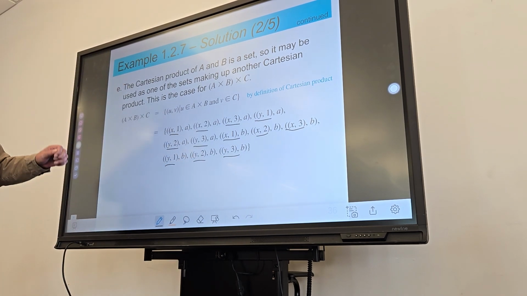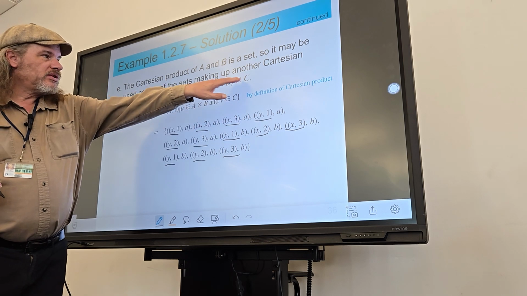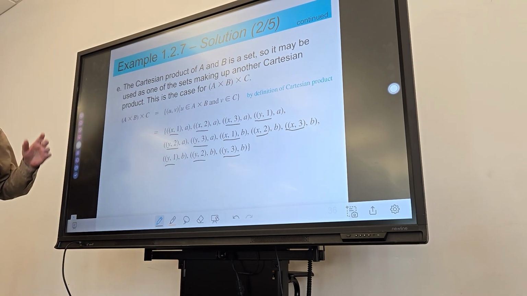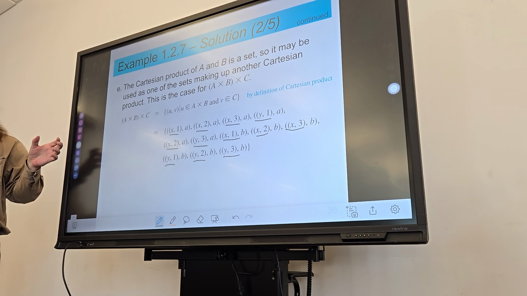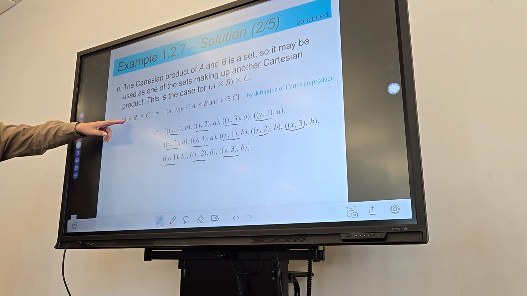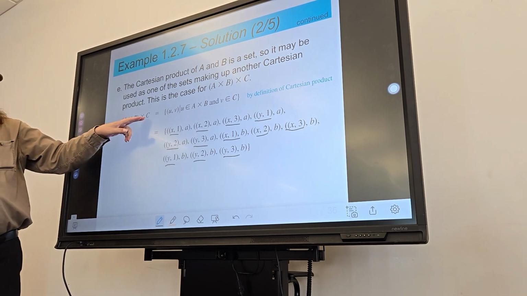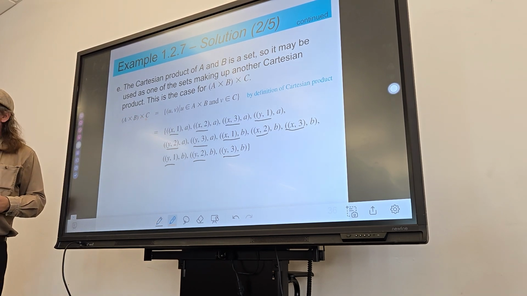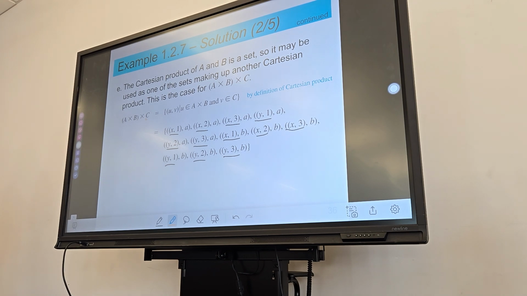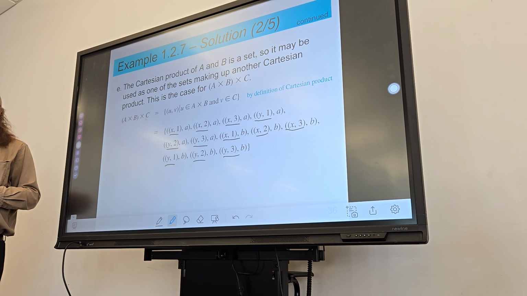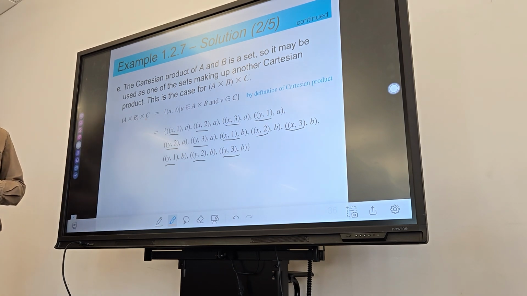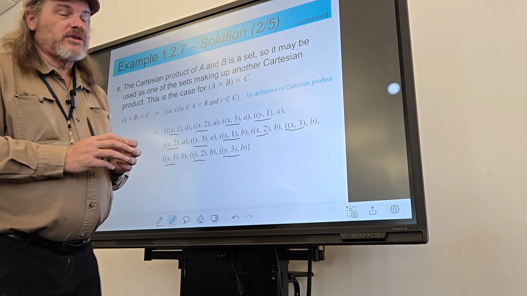And then do the Cartesian product of that set with C. That yields the ordered pair from the Cartesian product of A and B as the first element, and then the elements from C as the second element. So the associative property from algebra does not work with Cartesian products. Don't use it. It yields bad or unexpected results.